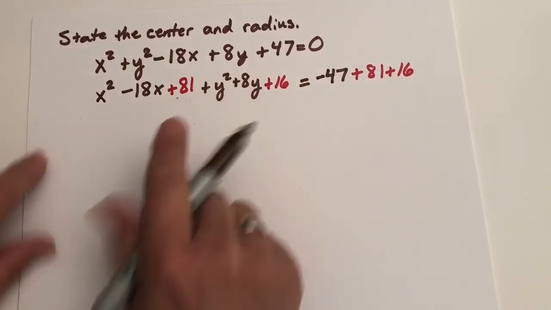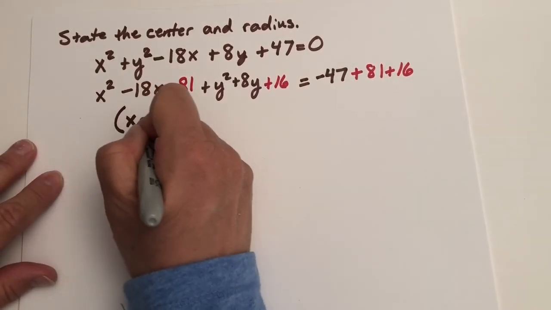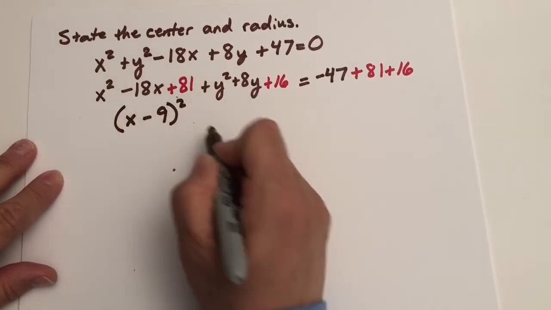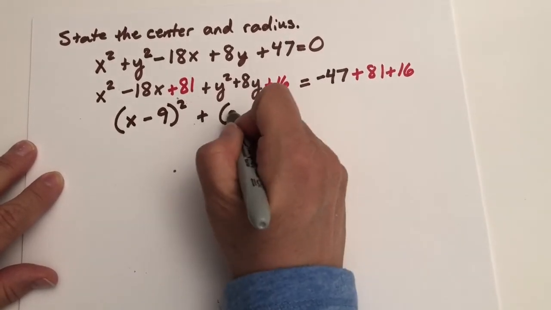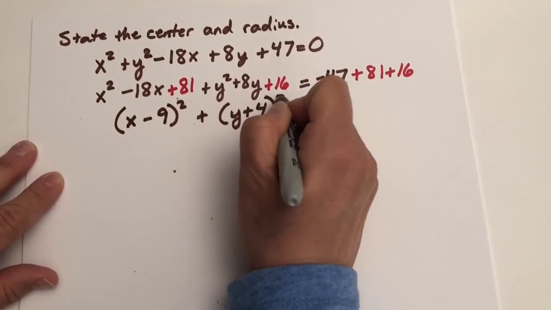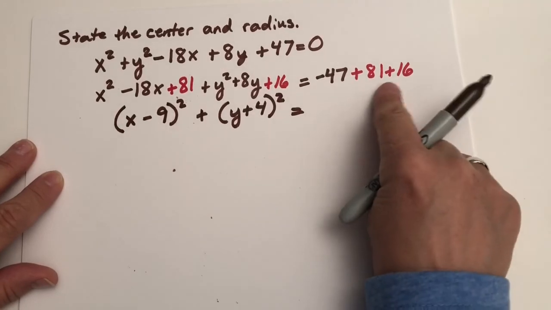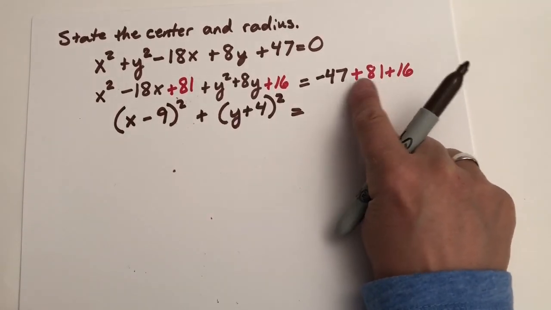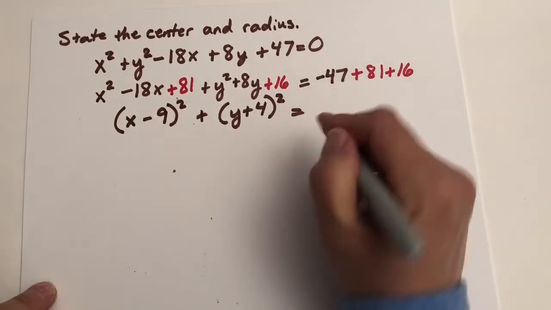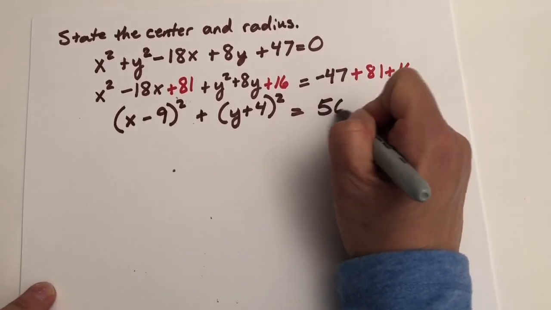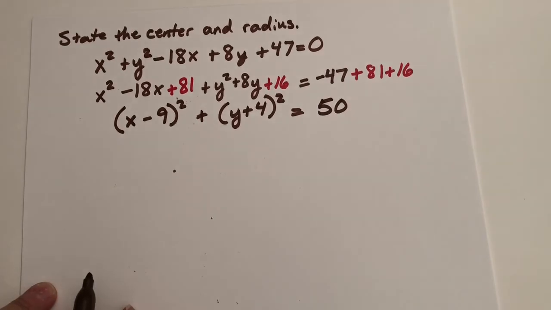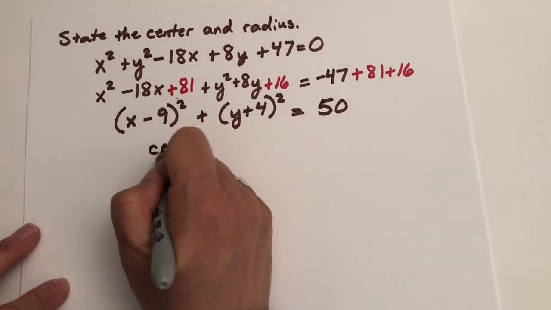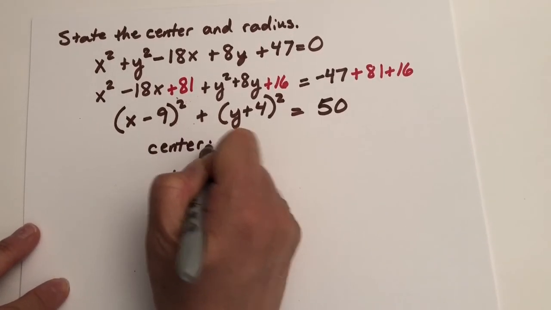And we write this as our perfect square. So we have (x minus 9) squared plus (y plus 4) squared equals, and over here we need to do some arithmetic. Let's see, that's 97 minus 47. What's that, 50? So our equation is now in standard form, so we could state our center and our radius.